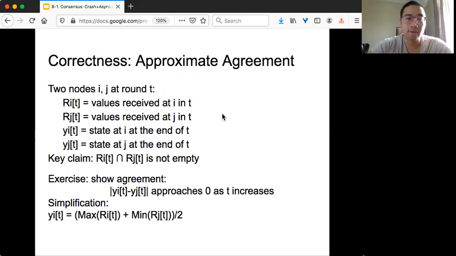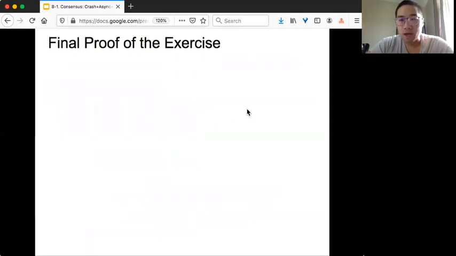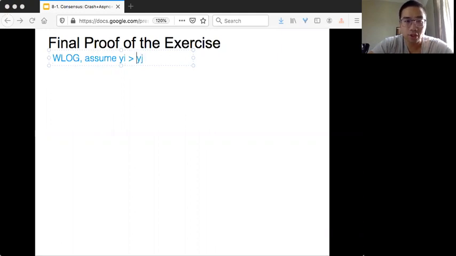Now let's look at how to prove this. For this kind of proof, remember, we want to bound the difference between yi and yj. Usually it's much easier to start with a simplification. So without loss of generality, let's assume that yi is greater than or equal to yj.